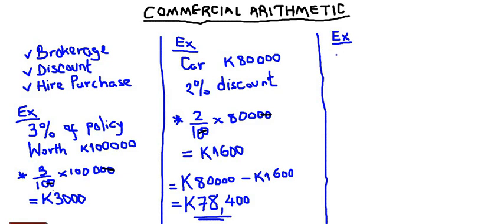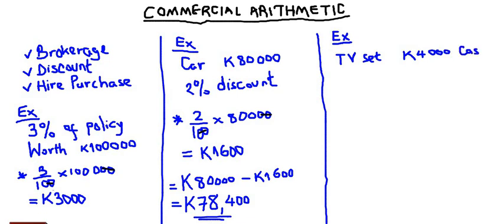So let's say we have a TV set which can be bought on cash for 4,000 kwacha. This is the cash price.